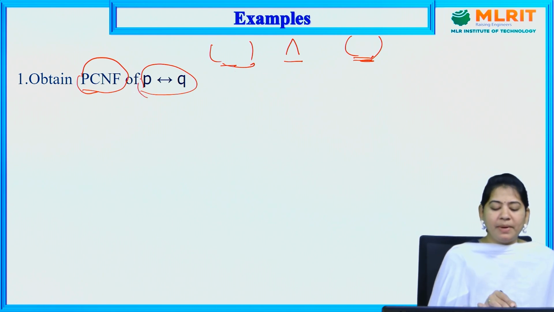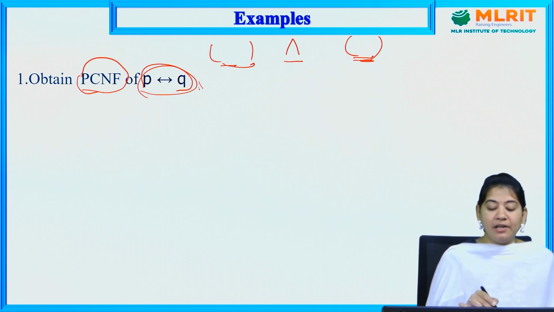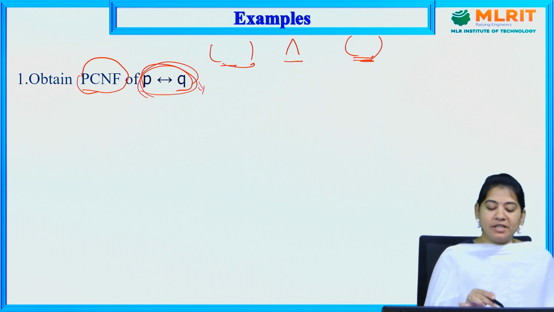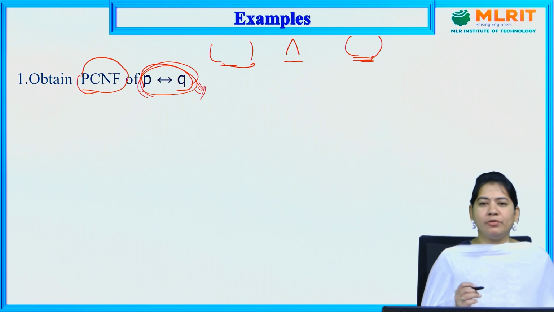So P if and only if Q. If you observe, in the last PDNF problem we had the same question, P if and only if Q. For the same question we can give the answer in different forms like PDNF, PCNF, DNF or CNF.